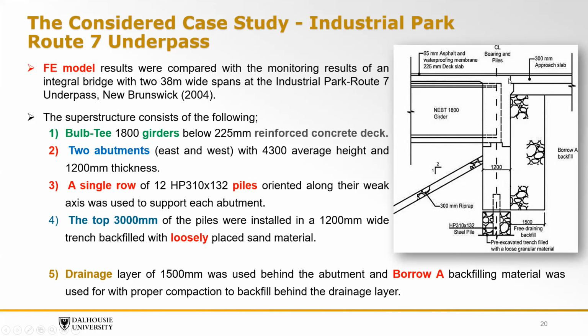At the back here, we have the approach slab, and we have draining material, and then a backfill behind the drain material. Below, it is supported on H piles, oriented about their weak axis, so we give flexibility for seasonal movement of the abutment.